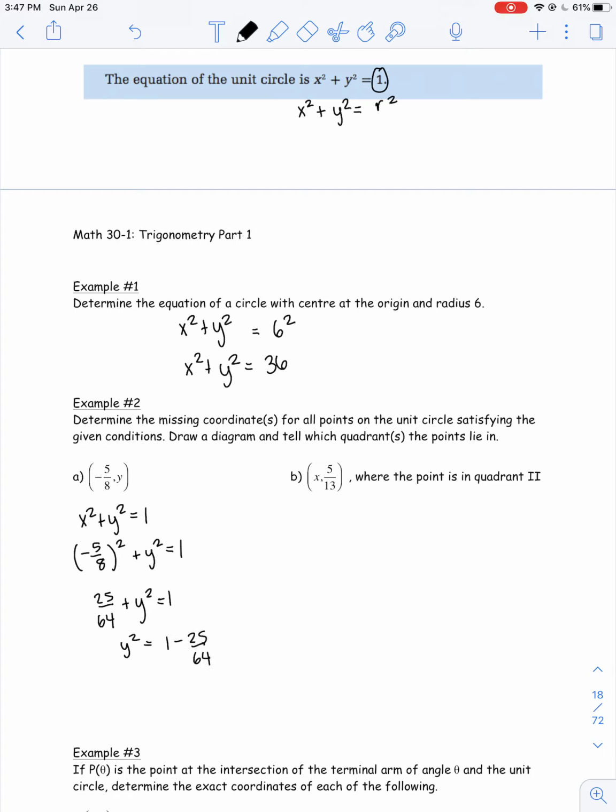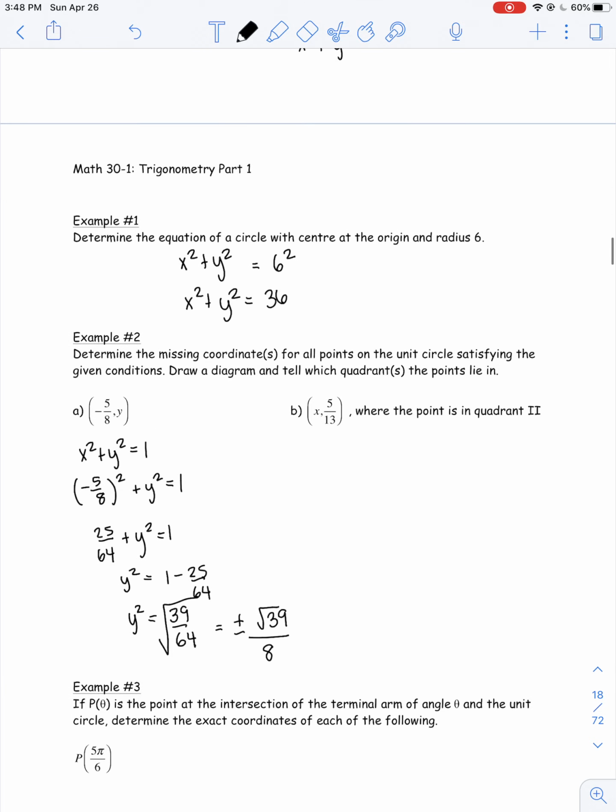So y squared is equal to 1 subtract 25 over 64. You subtract 25 over 64 from 1, and that gives us y squared equals 39 over 64. Now we square root this. Whenever you square root, you can have positive or negative answers. The square root of 39 is not a nice number, and I want an exact answer, so I'm going to leave it like that, over the square root of 64, which is 8.